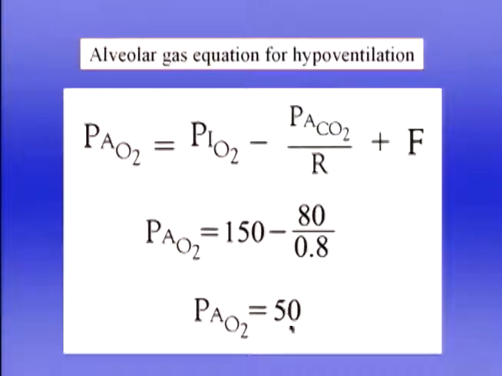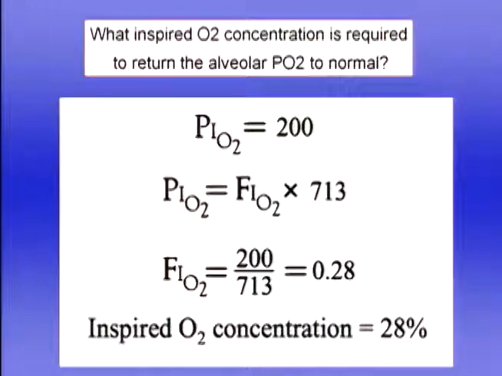In other words, what we want to do is raise that alveolar PO2 from 50 to 100, and by inspection you can see that the way to do that would be to increase the inspired PO2 from 150 to 200. So the question is, what oxygen concentration do we need to give us an inspired PO2 of 200? And that's shown here.